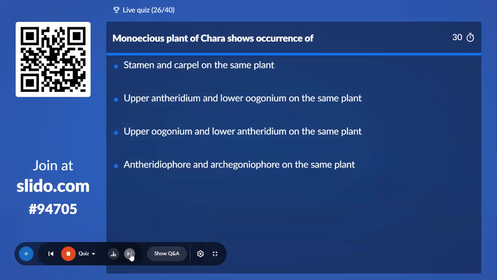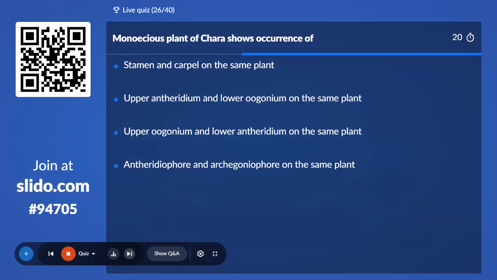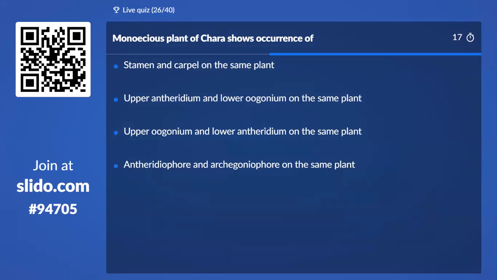Monoecious plant of Chara shows occurrence of option A, stamen and carpel on the same plant. This is actually not mentioned in your textbook, but you have a diagram. You have a particular diagram in your NCERT class 12 chapter number 1.